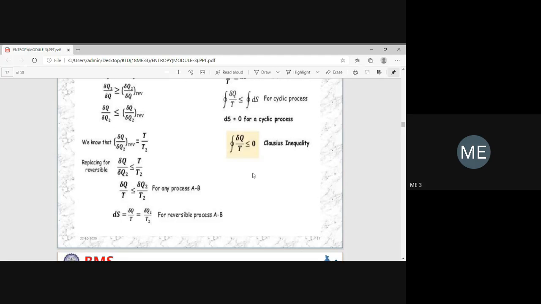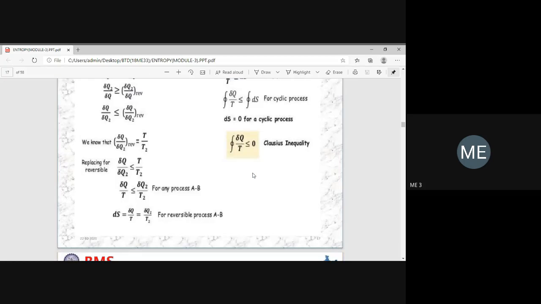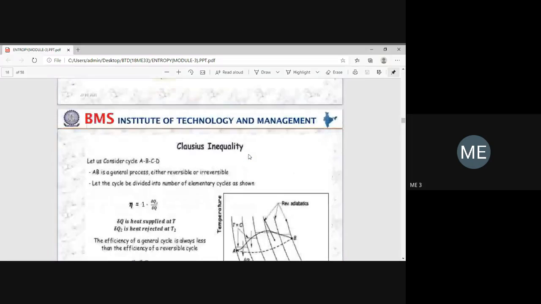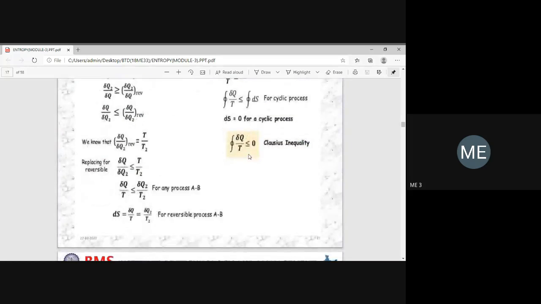This is called the Clausius inequality. Whenever they ask you to prove the Clausius inequality, you have to draw this diagram, and then prove up to this point: the cyclic integral of dq by T is less than or equal to 0.